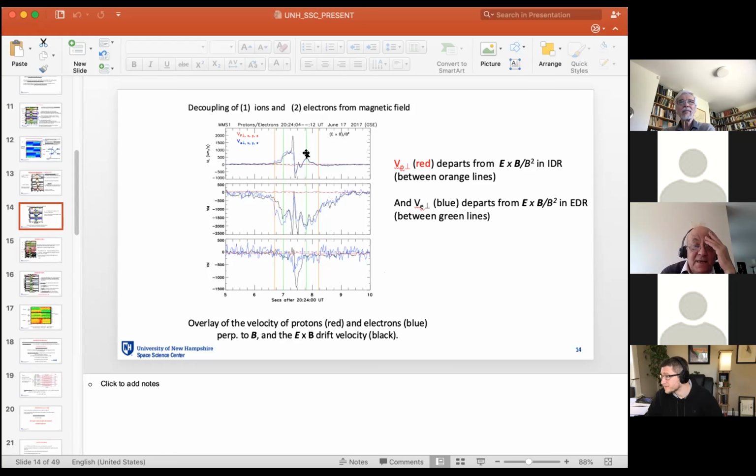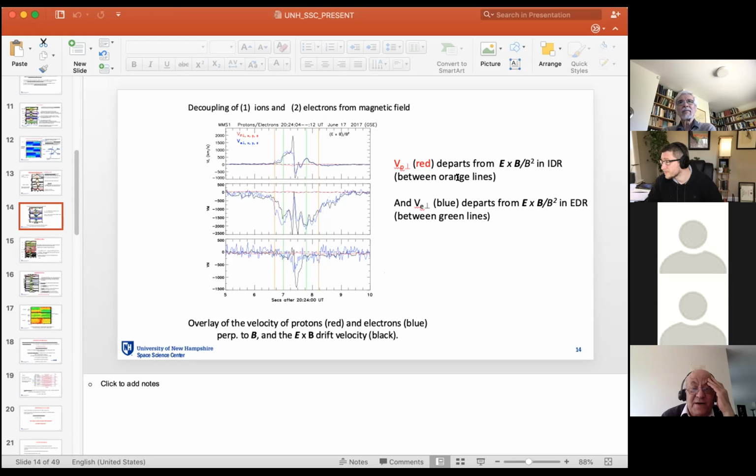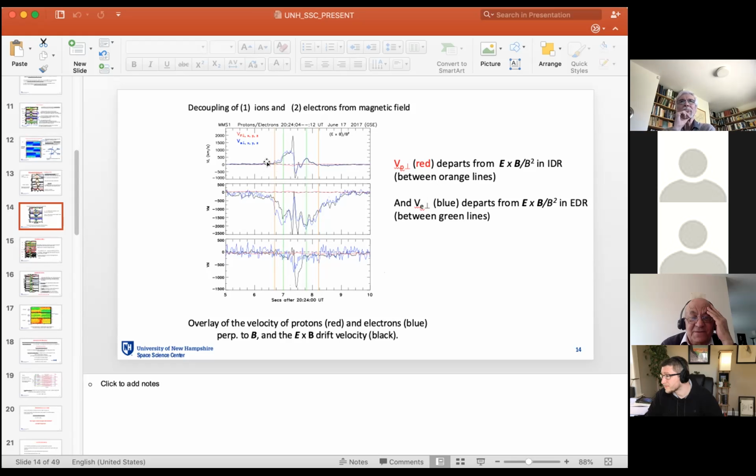If you see here, with these twice and half as thick, if you see the departure from guiding center motion, you see them very clearly. For instance, the electrons outside this area bounded by the green lines follow the E cross B drift rather well, the blue trace. They only depart here.